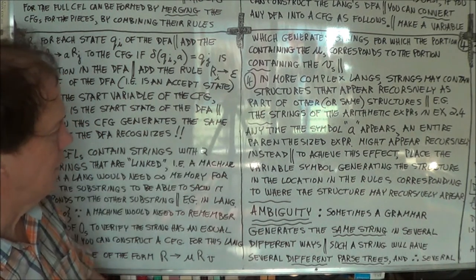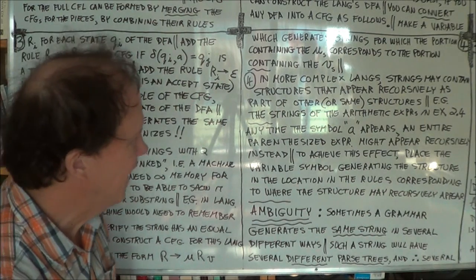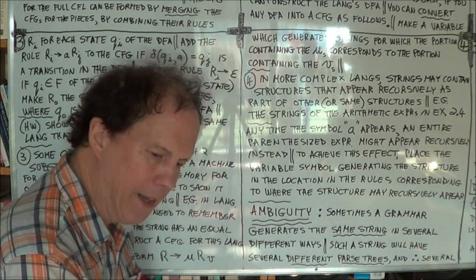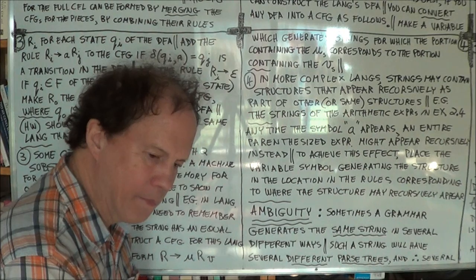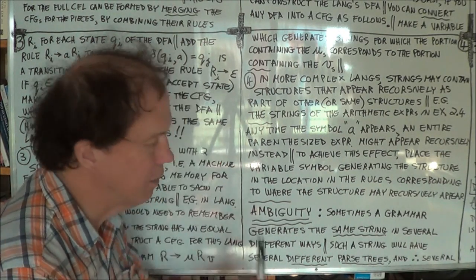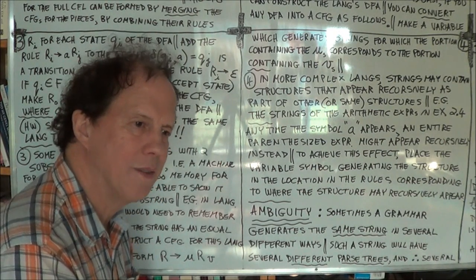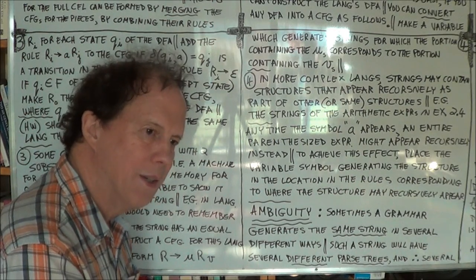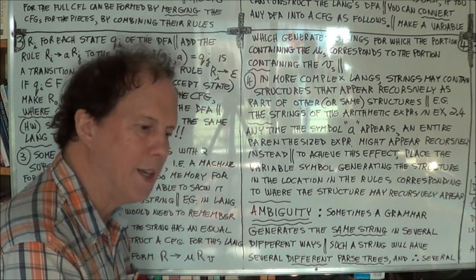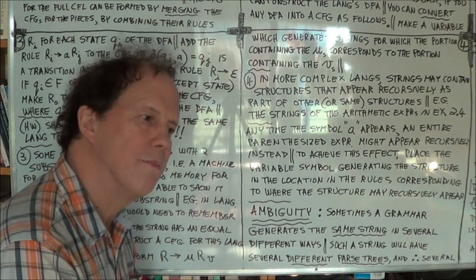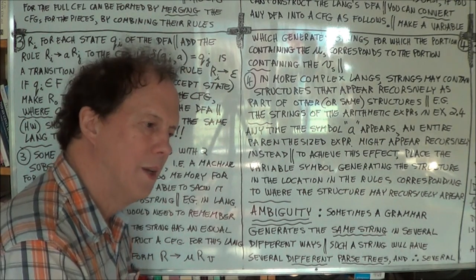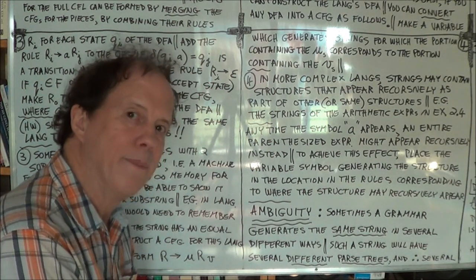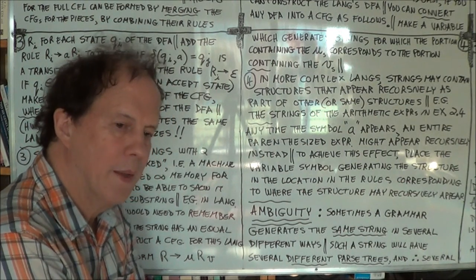Right, now for even harder to specify, from the earlier comment, in general it tends to be thought that designing grammars is more difficult than designing automata, DFAs.